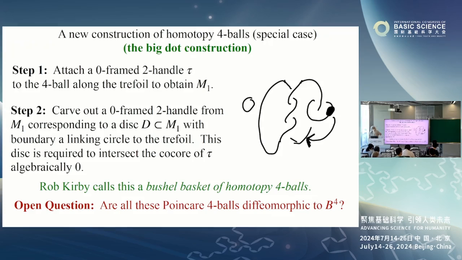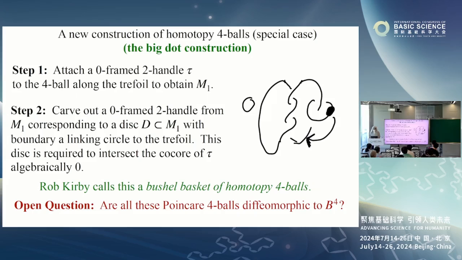The southern ball with this 2-handle, and now we're carving out some disc whose boundary is a standard linking circle, and this disc is required to go through the core of this 2-handle an even number of times. Anyway, it's a nice little exercise to show this is what I call a Poincare ball. It's a homotopy 4-ball, boundary 3-sphere.